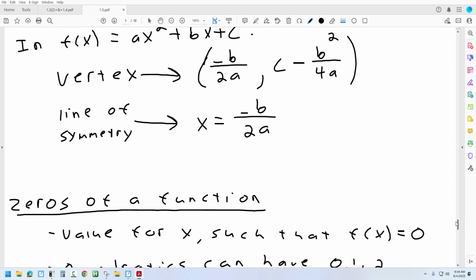All right, so last thing is for quadratics. When you draw a parabola, how many times could it cross the x-axis at most? Yeah? Twice. Sure. Could it cross the x-axis a different number of times besides twice?